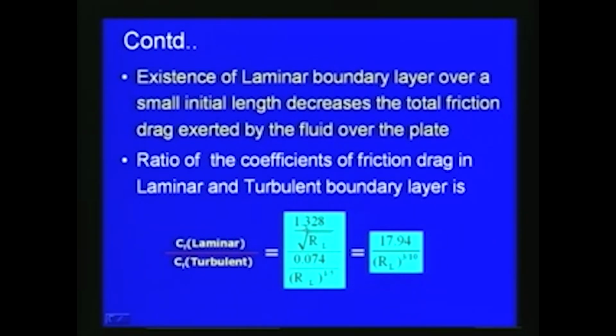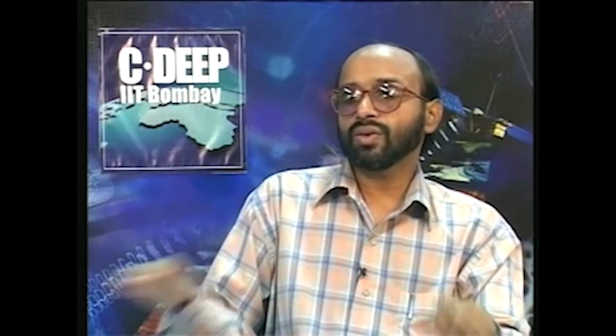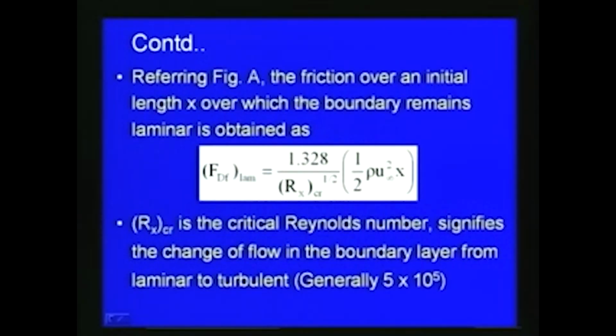So, the ratio is 1.328 divided by root RL, divided by 0.074 divided by RL to the power 1 by 5. We can show that this is equal to 17.94 divided by RL to the power 3 by 10, where RL is the Reynolds number. Now, the transition stage, with reference to the earlier figure which we have seen. The friction over an initial length x over which the boundary layer remains laminar is obtained as follows.